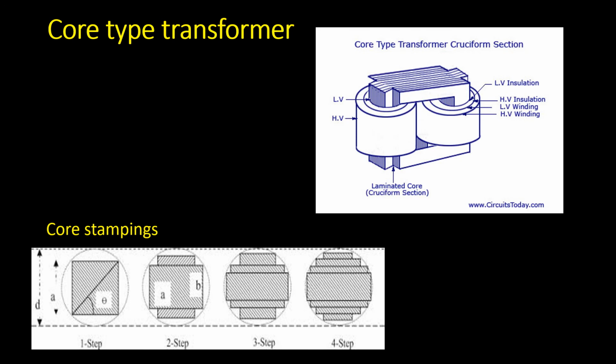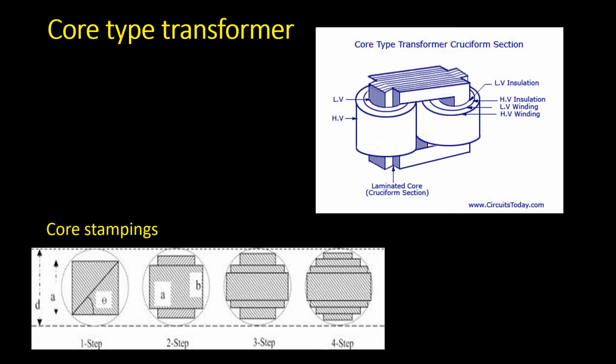The general arrangement of the core type transformer with respect to the core is shown in the second diagram, in which you will find HV and LV windings wound separately on both limbs.